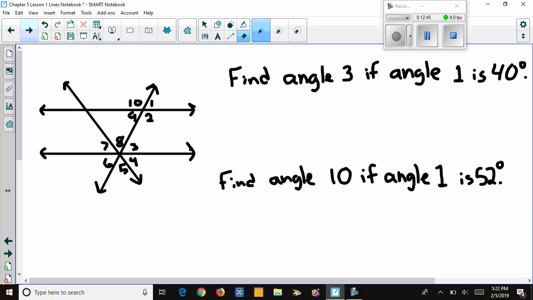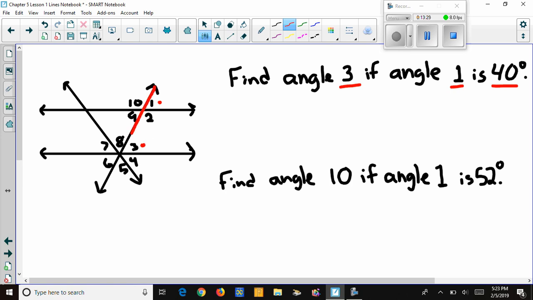So we want to find angle 3. Now, many questions like this would ask you why. So as part of this, I'm also going to list what their angle pair relationship is. So let's start with the first one. It says find angle 3 if angle 1 is 40 degrees. So I'm talking about this angle and this angle. Looking back at our definitions, we have angle 1 is on the exterior, angle 3 is on the interior, and they have a transversal in common.